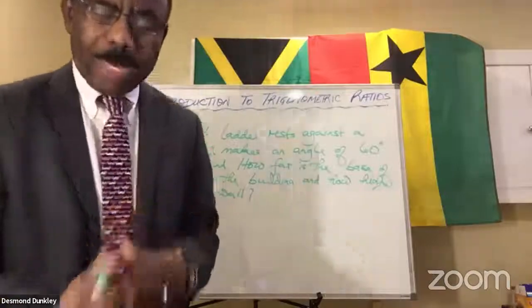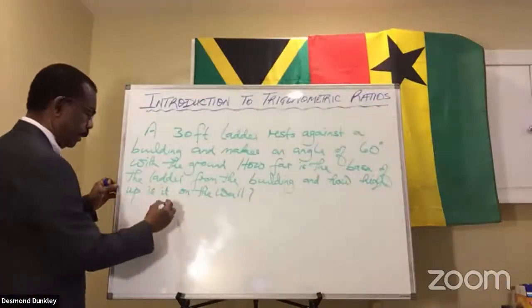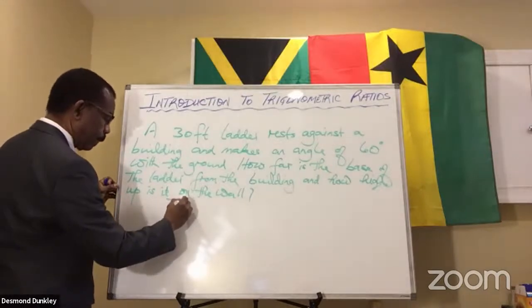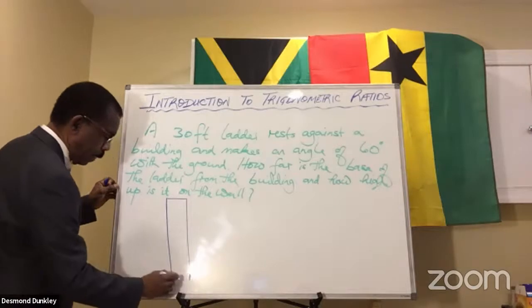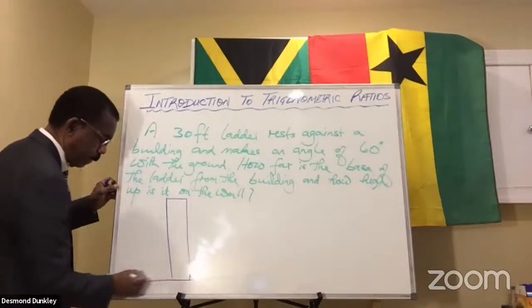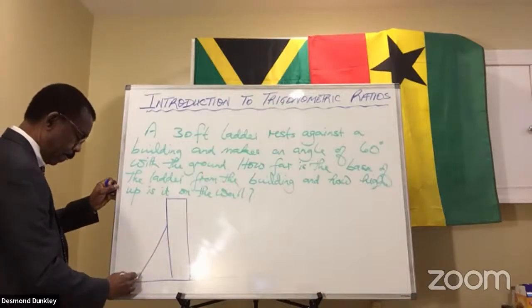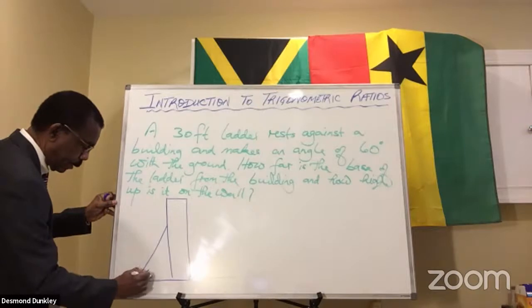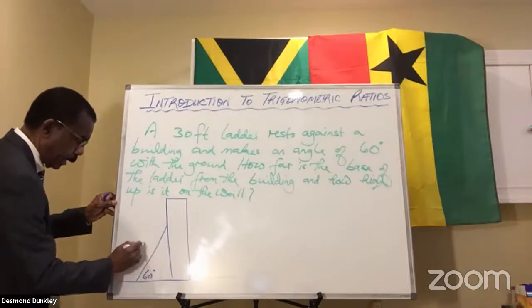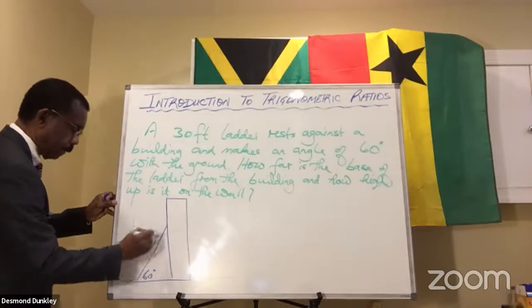Okay? So the best thing to do to get an idea how to solve this is to sketch a building. And of course, this is the ground, and here is the ladder. It makes an angle of 60 degrees, and this is 30 feet.